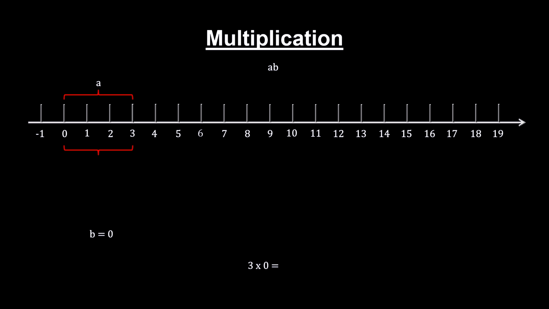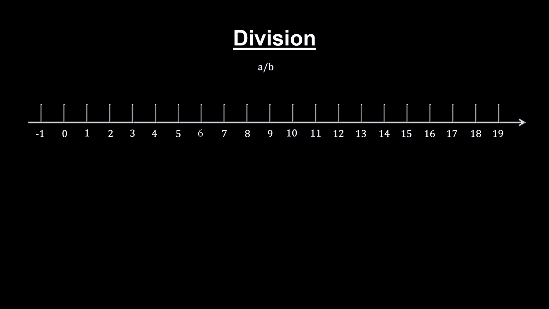But what does it mean to add a number to itself 0 times? To deal with this, we define a number being added to itself 0 times to be the number 0. We define division as the inverse of multiplication.